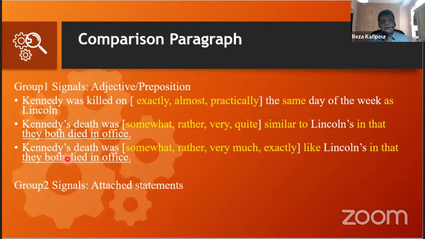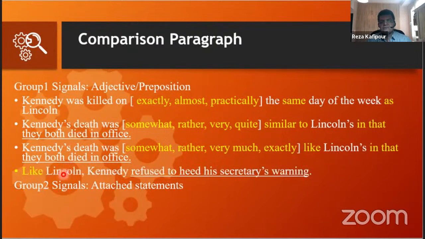So they are all group one signals, meaning using adjective and preposition to compare two persons or two things. But we have another structure also, by using like. One of the structures, as we said, is like in that, and the other structure is similar to this one.